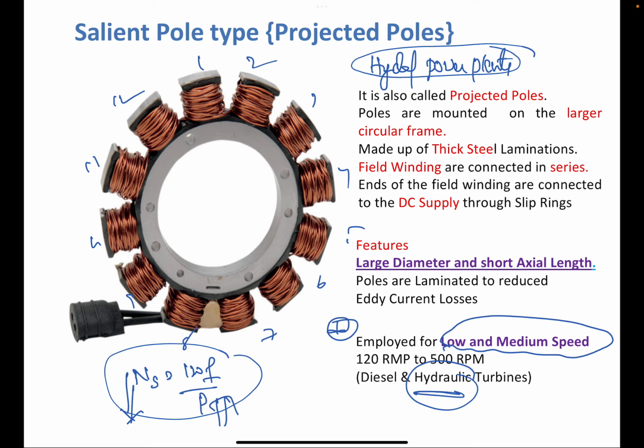Projected poles will be there, and one major point is that it is mechanically not well balanced, because the poles are placed outside, at the outer frame. So it is mechanically not well balanced compared to the other type that you are going to see in the next case.